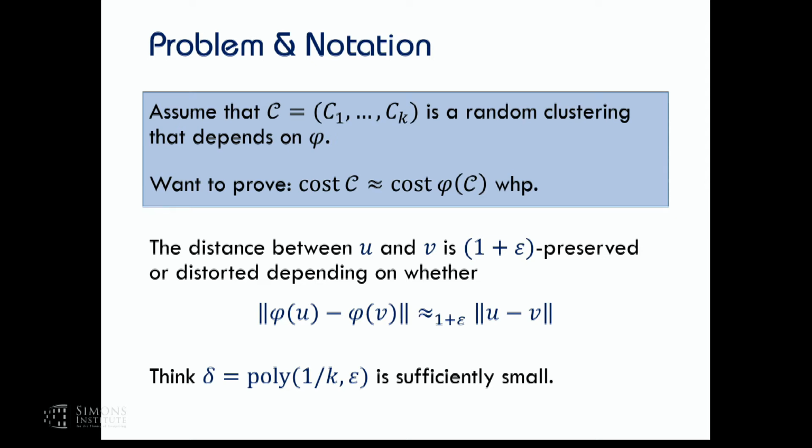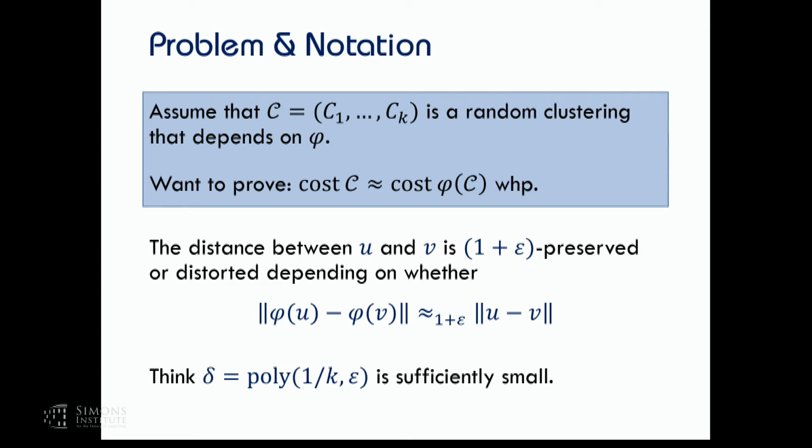with high probability. Also, let's say that the distance between u and v is (1 plus epsilon) preserved if we have this approximate equality. If this approximate equality does not hold, we say that the distance is distorted.